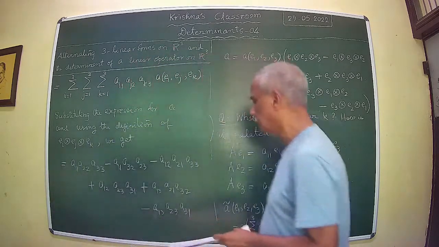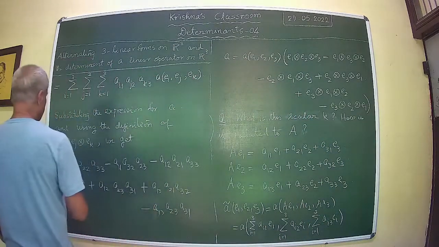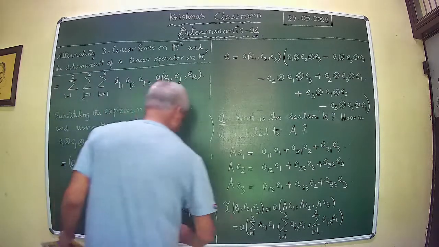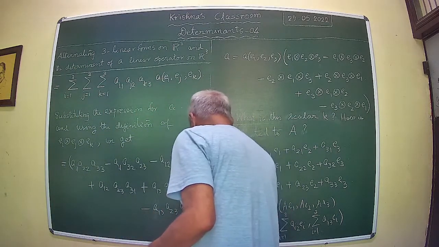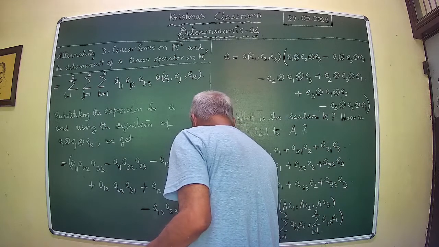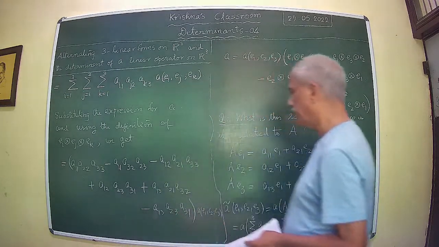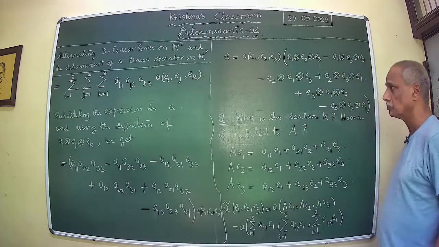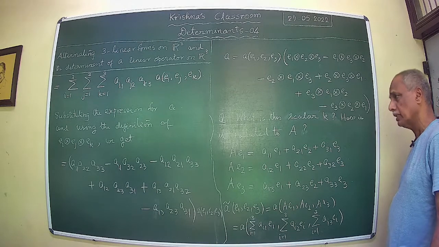This is what it is, multiplied by A of E1, E2, E3. Okay. And therefore, what do you get?